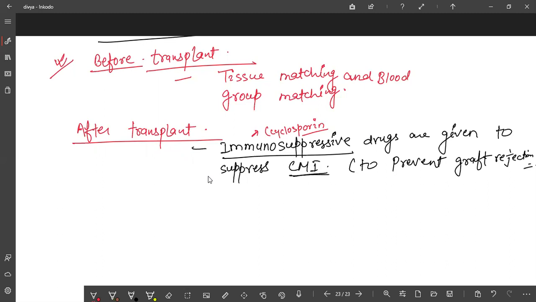Cyclosporine A is an immunosuppressive drug commonly given to the patient after organ transplant to suppress what type of immunity? Cell mediated.